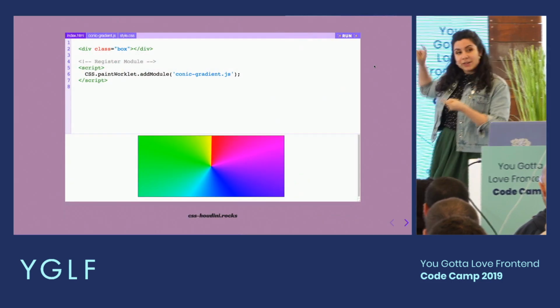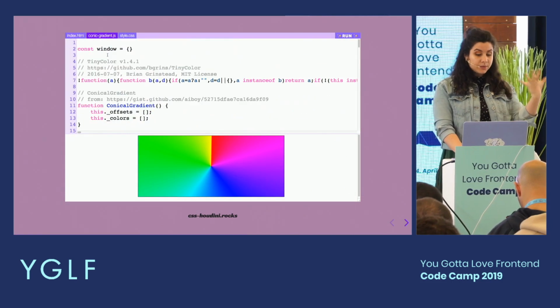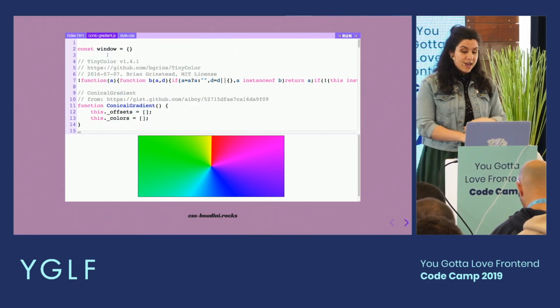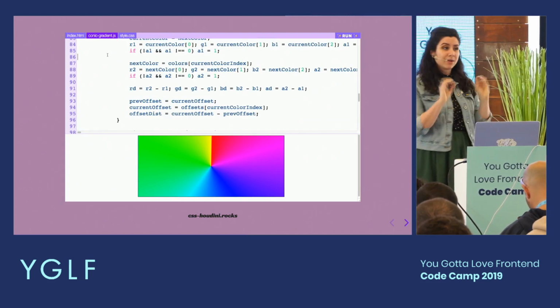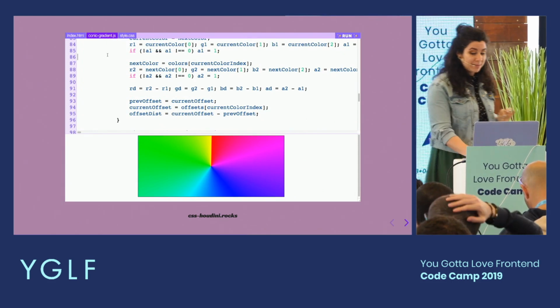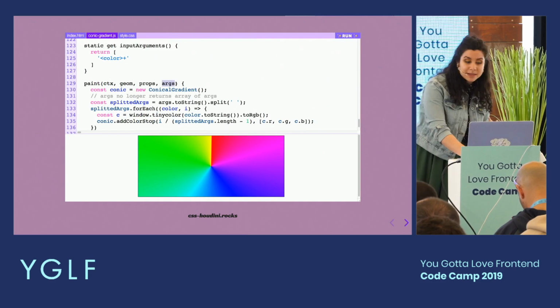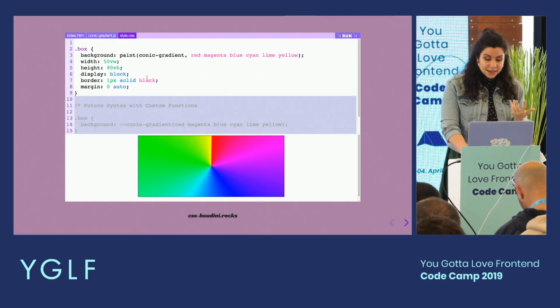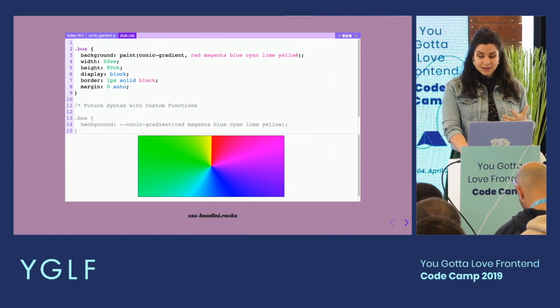So back to that conic gradient. The way that you can do that here is you can use existing polyfills, and it goes through this whole example. This is from css-houdini.rocks, which is a great resource for a lot of awesome Houdini demos. But the cool thing about this is it can also take arguments. So inside of your CSS, you can call this paint conic gradient, and then all of our arguments are listed here.